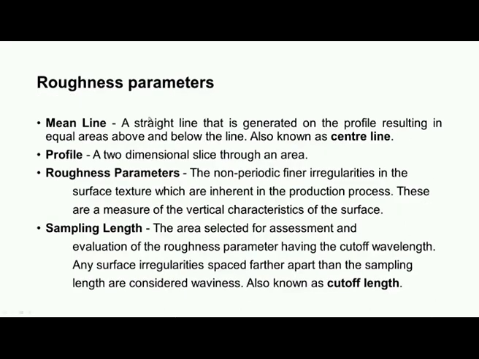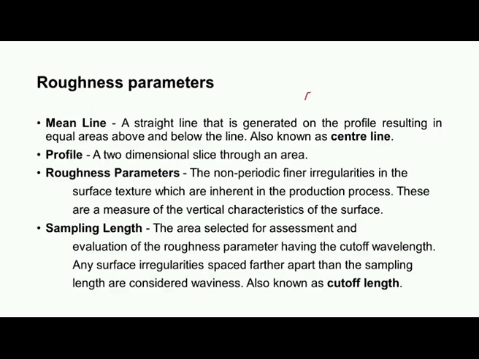Now, let us try to understand the various parameters used to specify the surface finish. We should understand some of the terminologies, like mean line. This is a straight line that is generated on the profile resulting in equal areas above and below the line.